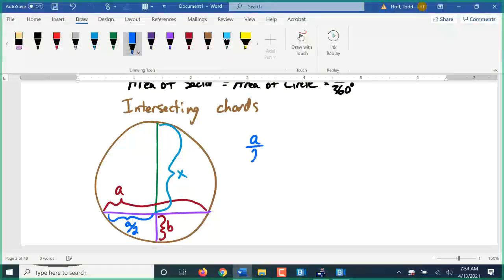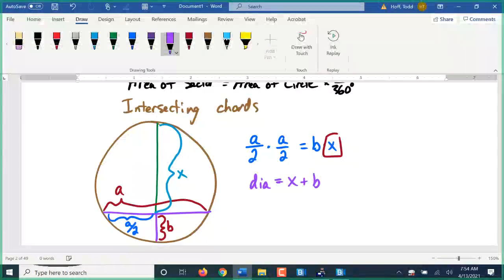So we know that A over 2 times A over 2, or half of A times half of A, has to equal B times X. And we can use that then to find X, that piece of that chord. And of course, from that, it follows that the diameter of the circle is X plus B. Of course, you can find the radius as half of that diameter.